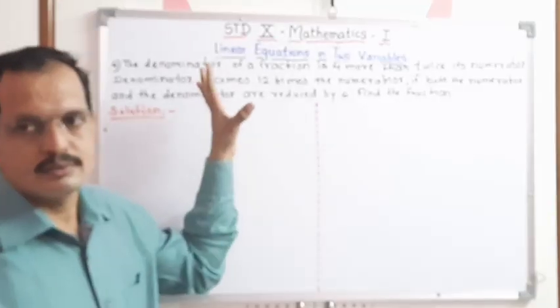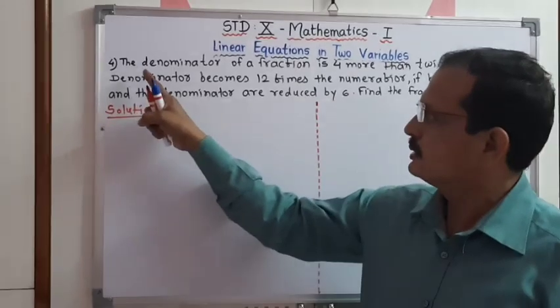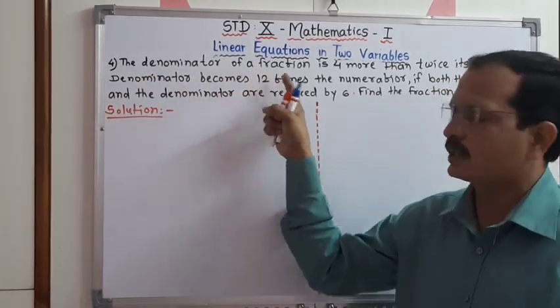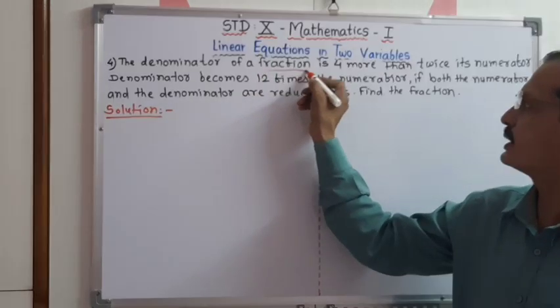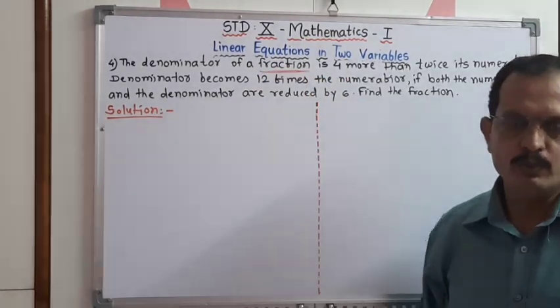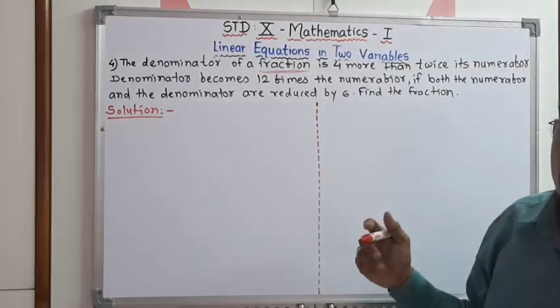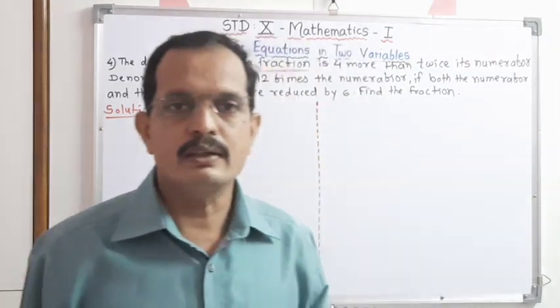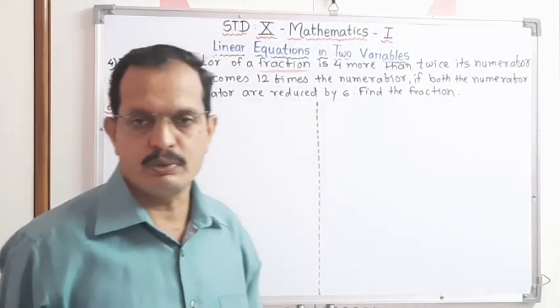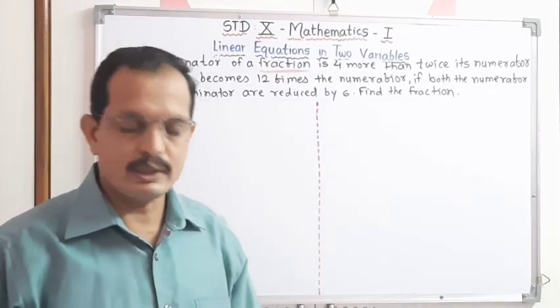Divide this into small parts. See first sentence, the denominator of a fraction. The question is related with fraction. Therefore you know how the fraction is made. The fraction consists of two parts. First one is the numerator and the second one is the denominator. Therefore in this case we have to use two quantities.